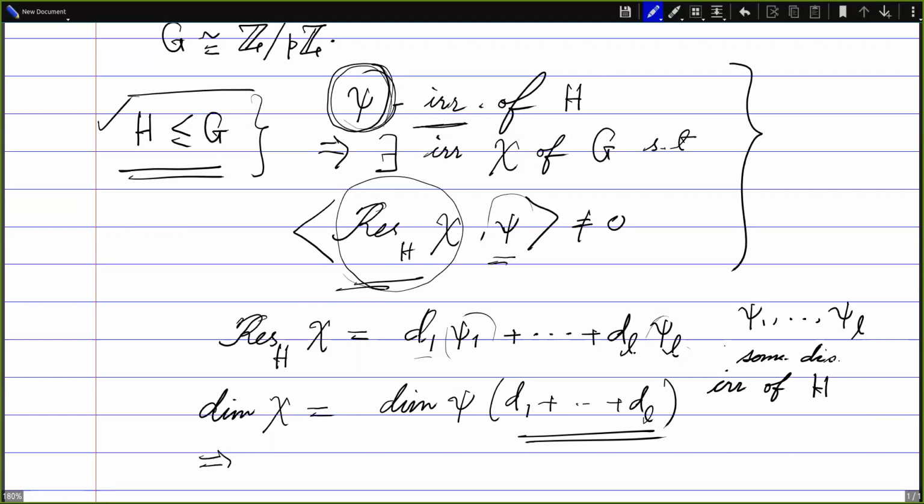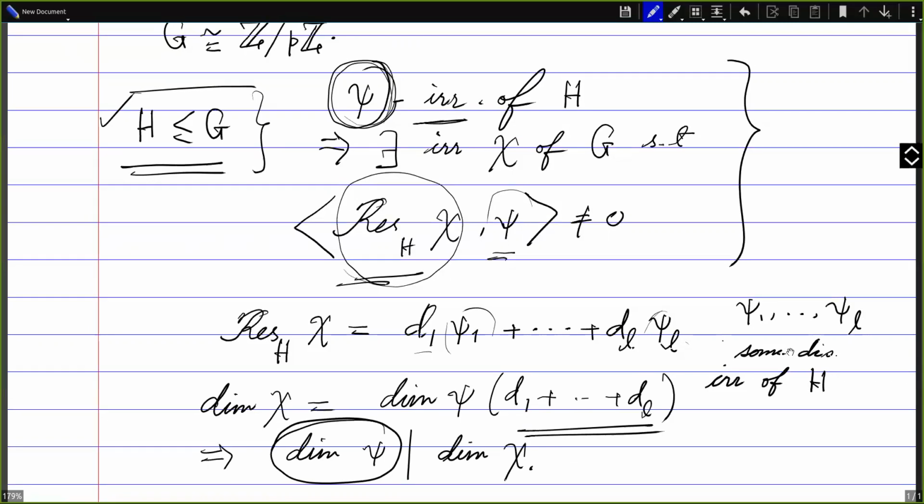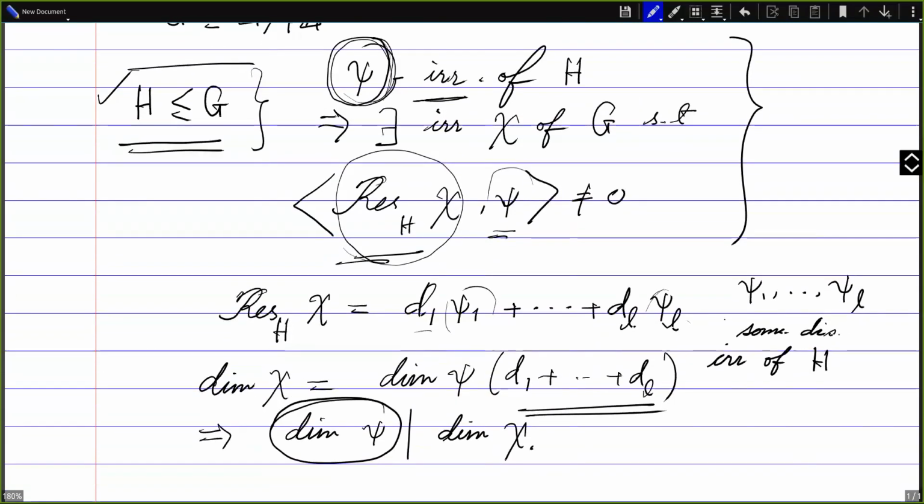So basically, it shows that the dimension of psi divides the dimension of chi. And since the dimension of chi is a power of p, that holds for the dimension of psi as well. So the upshot is, if we take any subgroup H of G, then any irreducible representation of that subgroup also has dimension a power of p.